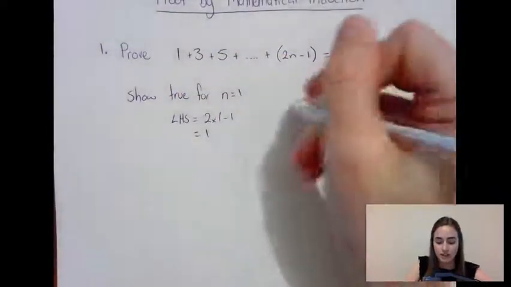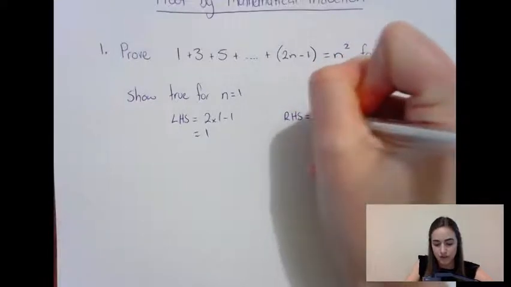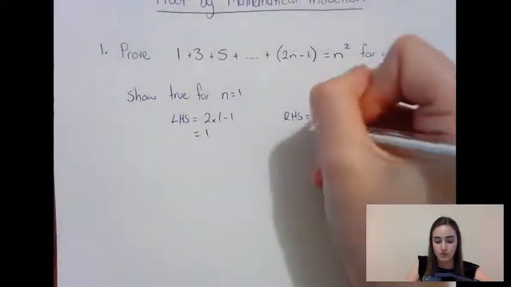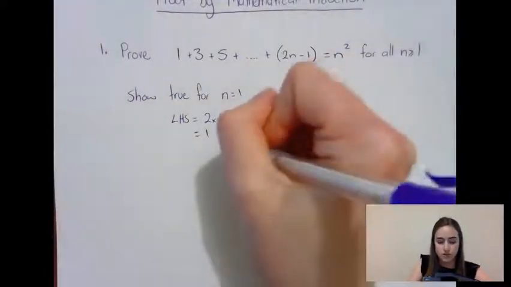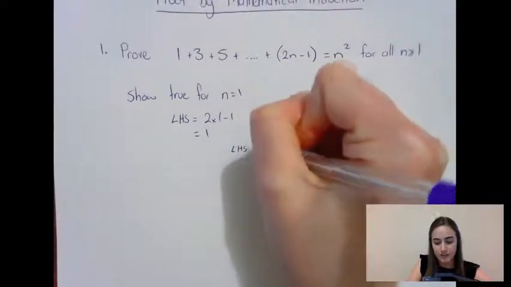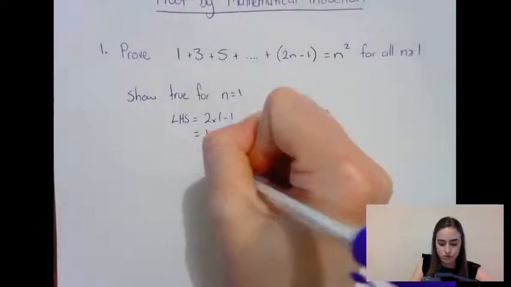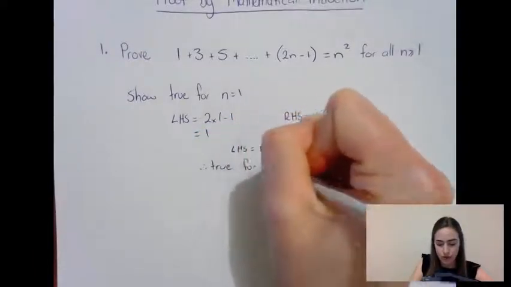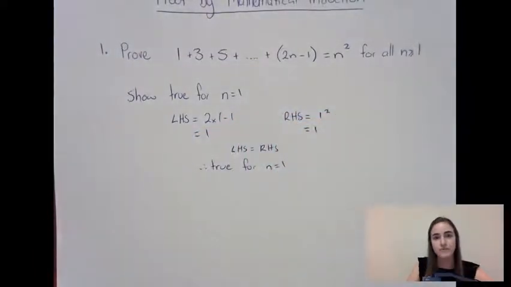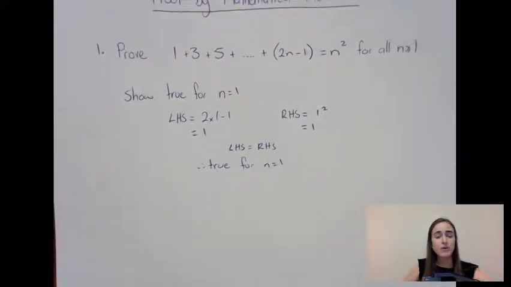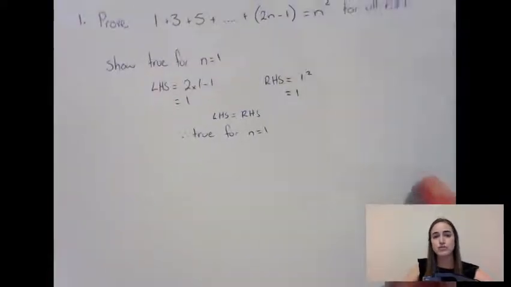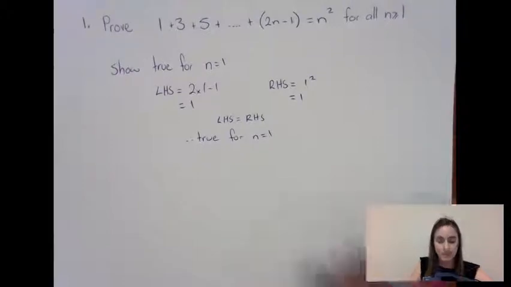Now the right-hand side of that equation is going to be 1 squared, which is also 1. Because our left-hand side is equal to our right-hand side, we can say, therefore, true for n equals 1.